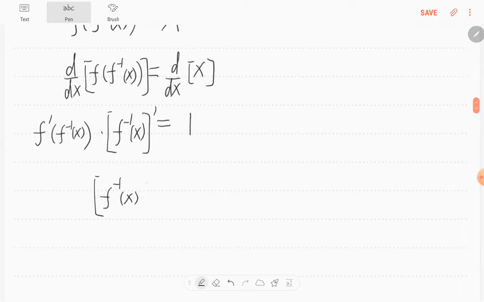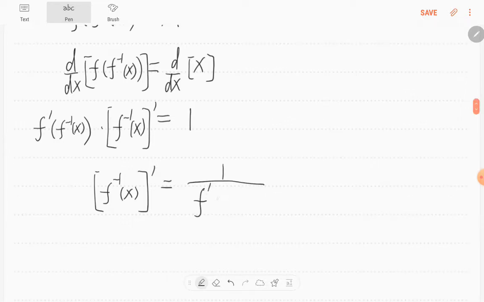In other words, the derivative of f inverse would be equal to 1 over f prime, the derivative of f, evaluated at, or plugging in, f inverse.